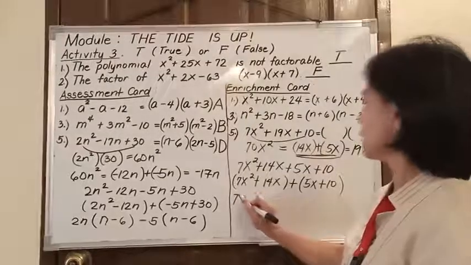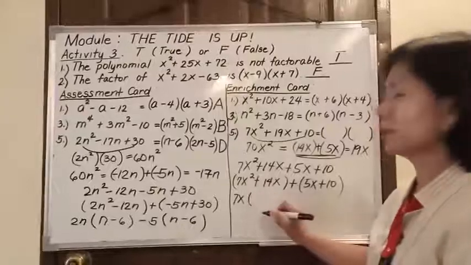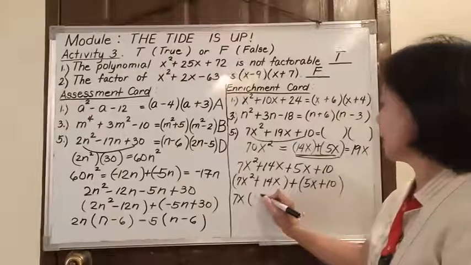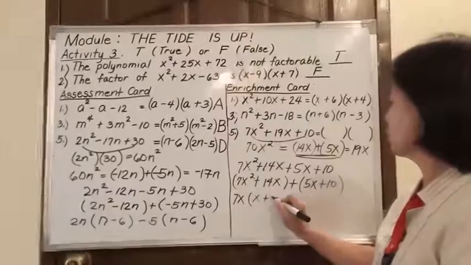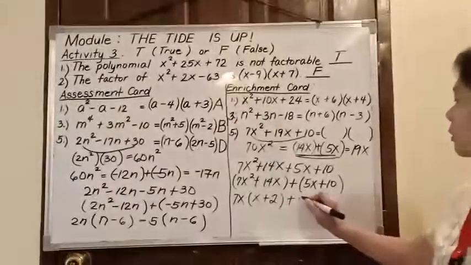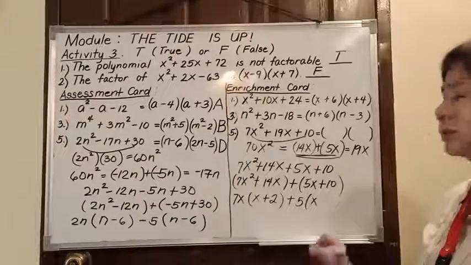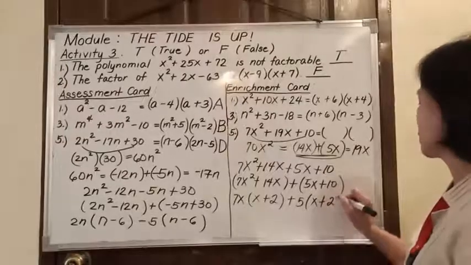Common factor ng x squared and x is x. Tapos, divide na lang natin. Makukuha natin, this is x plus 2. And then, for the other group, greatest common factor is 5. Divide each term by 5, you will get x. Then, 10 divided by 5 is 2, so x plus 2.